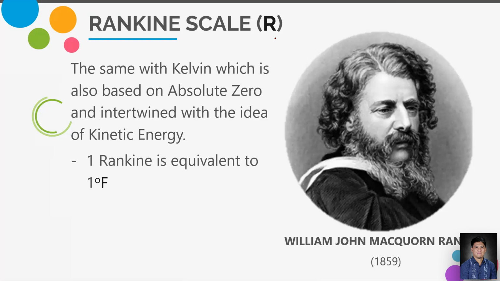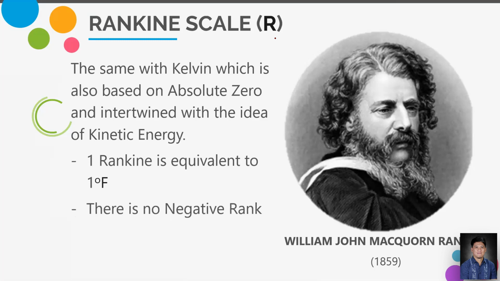Okay, so the Rankine scale is equivalent to degree Fahrenheit. So kanina yung Kelvin, it is equivalent to degree Celsius. So ngayon, si Rankine, it is equivalent to degree Fahrenheit. Okay? So that is the Rankine scale.